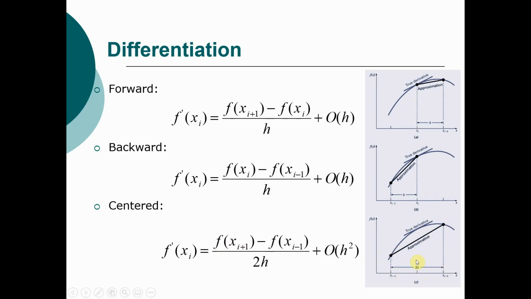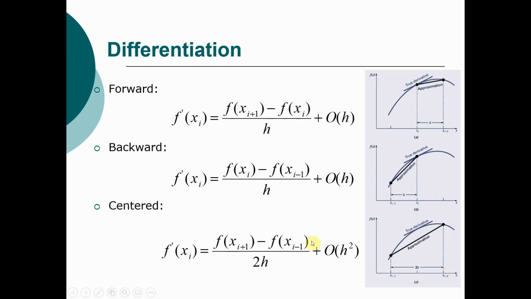Okay, so this centered difference is generally more accurate than forward and backward because it uses both future values and past values of the function at xi, right? So because of that, it's generally more accurate.